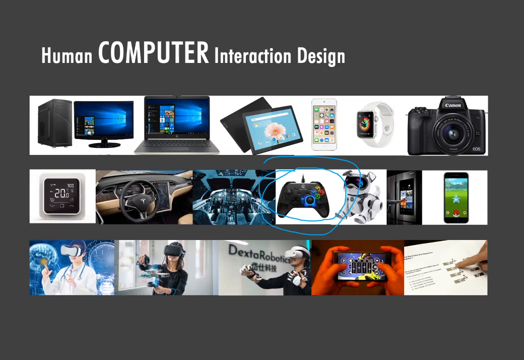Also, there are more advanced and more future fields of HCI, which are virtual reality being used for the medical field here, or architecture, designing, and of course gaming. And Dexta haptic gloves here from Dexta Robotics, which were invented to mimic touch sensations of hardness, softness, springiness, and more when using virtual reality.